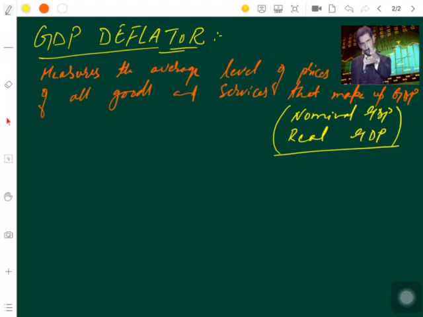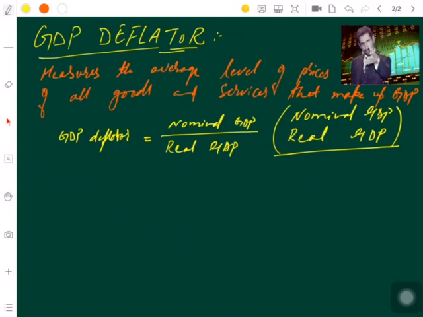So the formula will turn out like this: GDP deflator is equal to nominal GDP divided by real GDP, multiplied by 100.